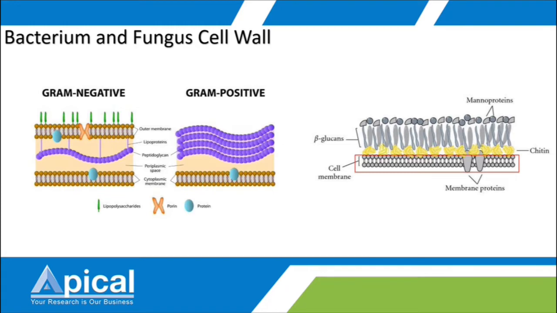Okay. As for fungus cells, the cell membrane is predominantly made up of sterols and some phospholipids. The cell wall also contains a protective layer of chitin and glucan, and on the surface there is mannoprotein.